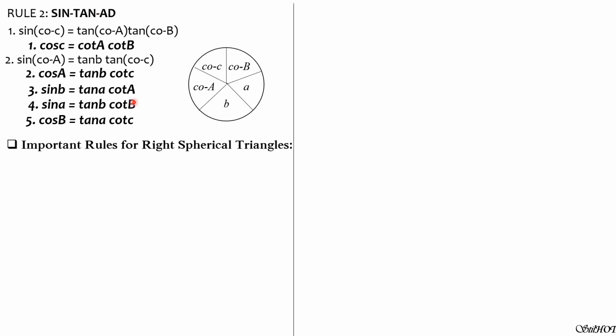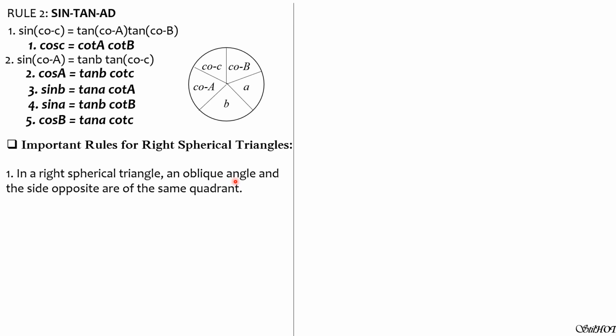Then we have important rules for right spherical triangles. So the first important rule is, in a right spherical triangle, an oblique angle and the side opposite are of the same quadrant.